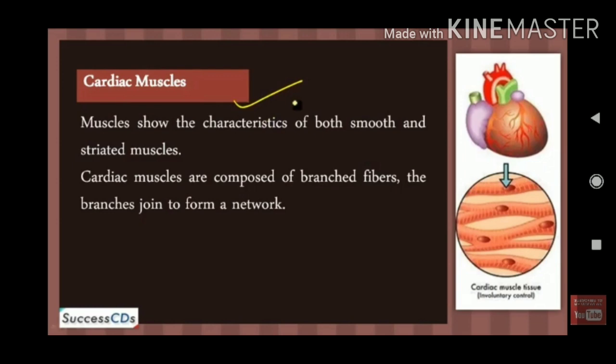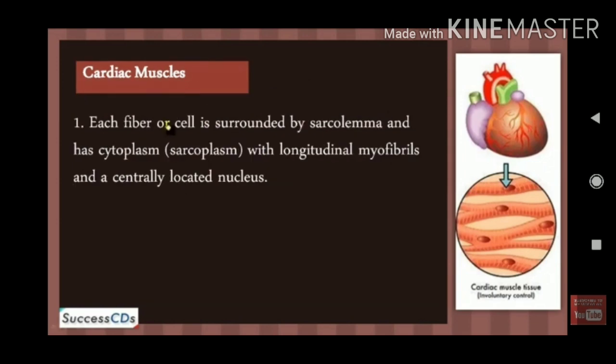Now, let us see the cardiac muscle. This cardiac muscle is present in our heart. Are these muscles voluntary or involuntary? Do the cardiac muscles work under our control? No, it works like a machine. The cardiac muscles do not work under our control. It is an involuntary muscle and works by rhythmic contraction and relaxation.